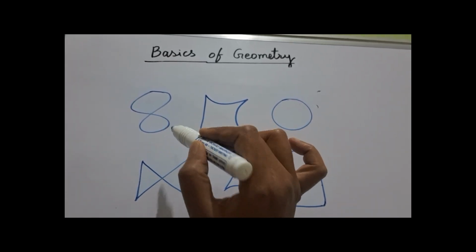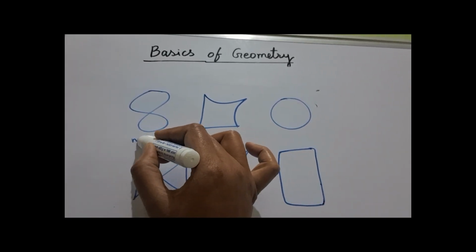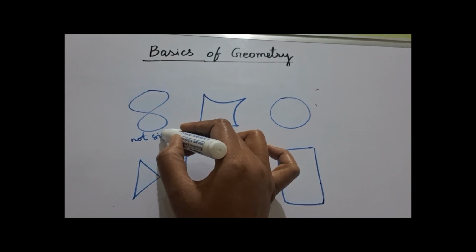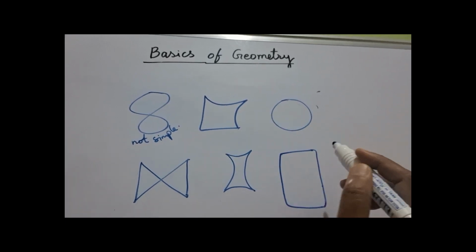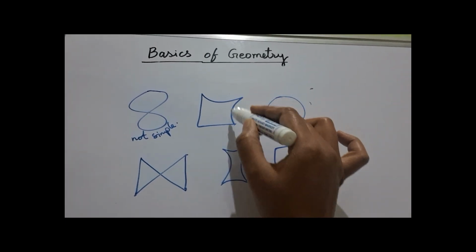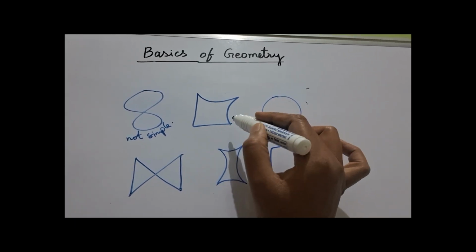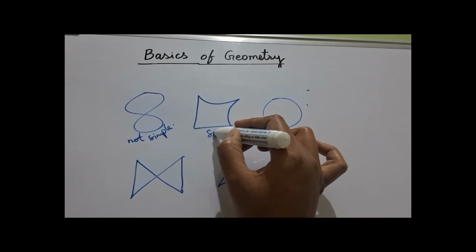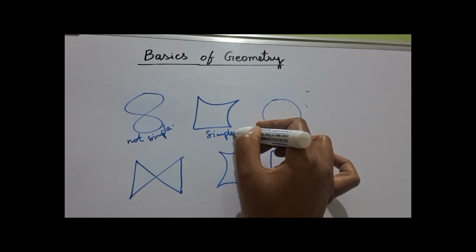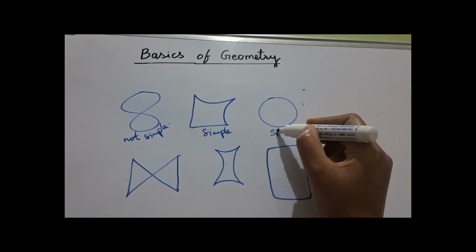So this is not simple. So this is not a simple closed curve. But this one is not overlapping itself. So this is a simple curve. This is a simple curve. This is also a simple curve.